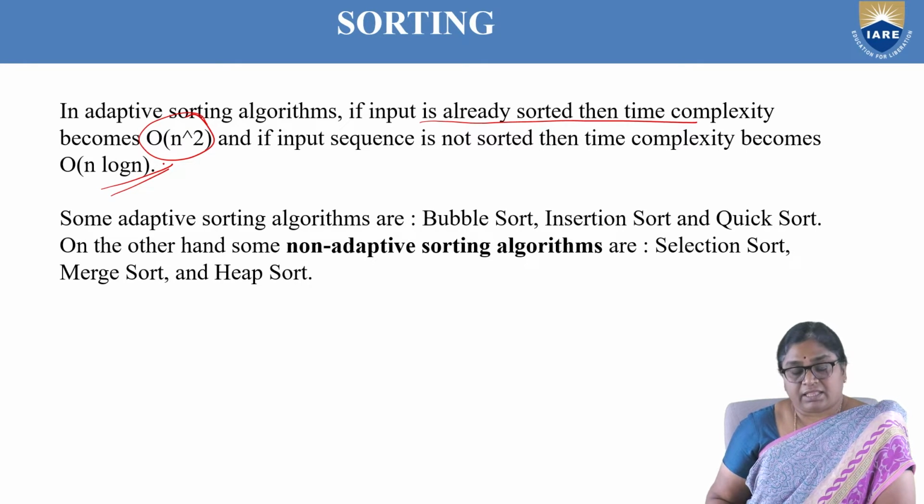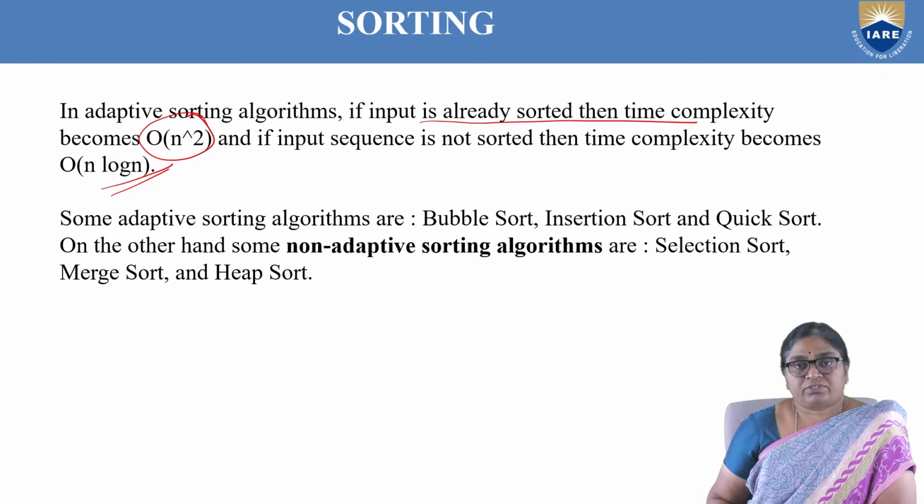That means if the input is already in sorted order, it increases the time complexity of the sorting algorithm. And if it is not in order, then the sorting algorithm may have the best time complexity, like order of n log n.